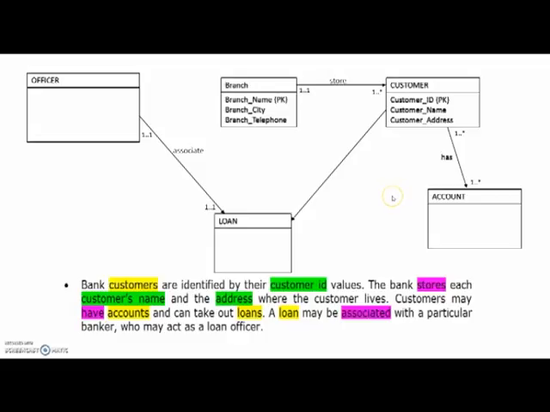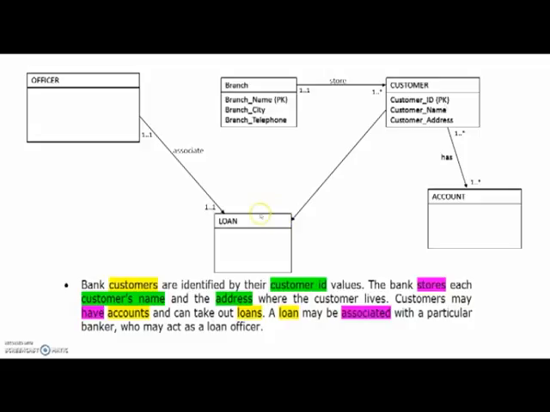The second one is the customer has account. We can say that the customer has one or many accounts, and the account has one or many customers.